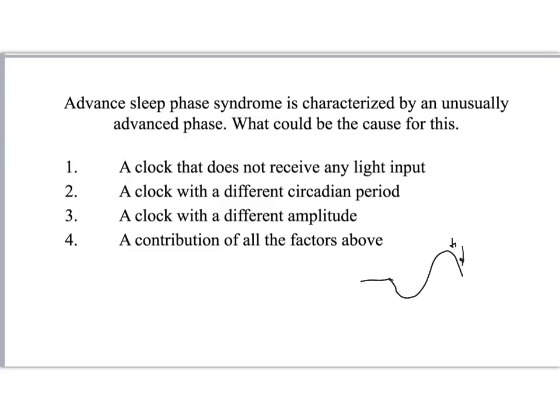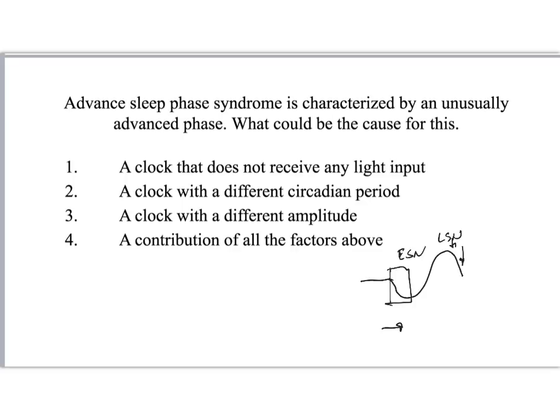And in this case, these people have periods that are shorter than 24 hours, and they need to actually expose their phase delay portion. Therefore, they need to get the evening light to hit deeper in their early subjective night. This is early subjective night, late subjective night, right?